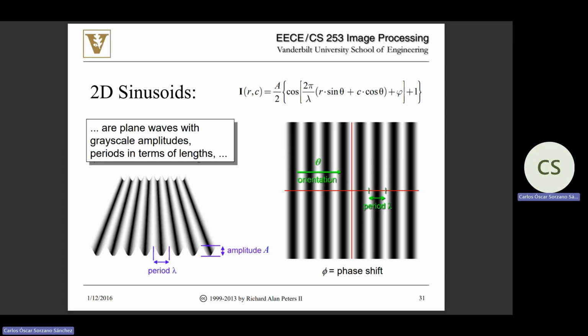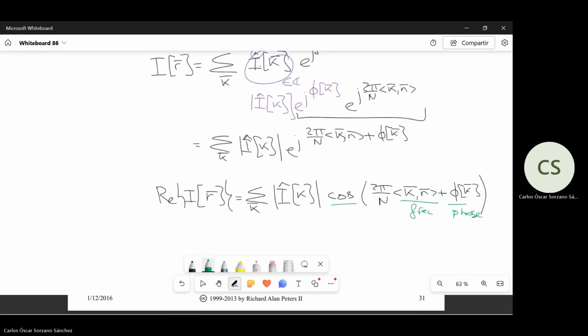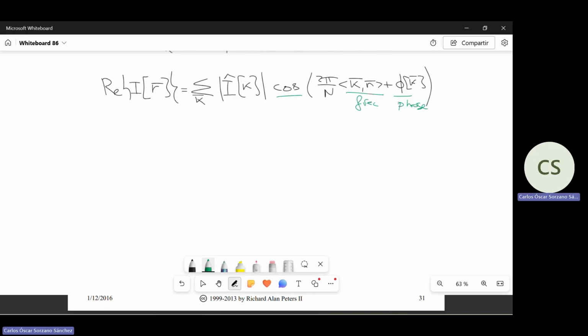But if my image is real, the Fourier transform, you know this again from 1D signals, fulfills this property.